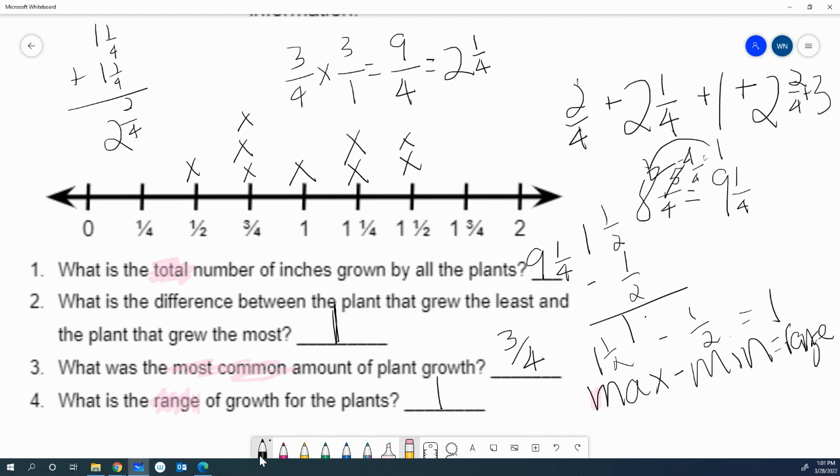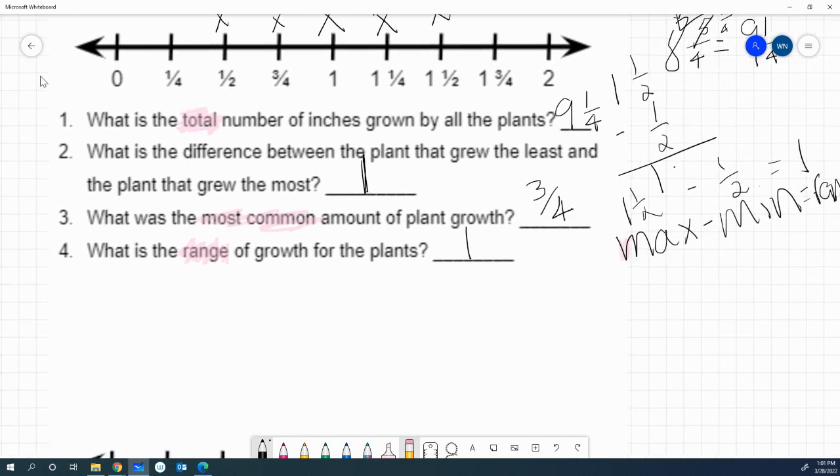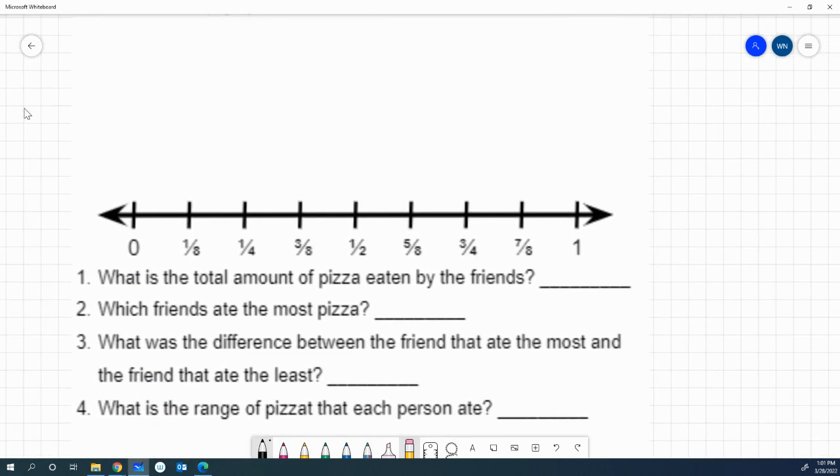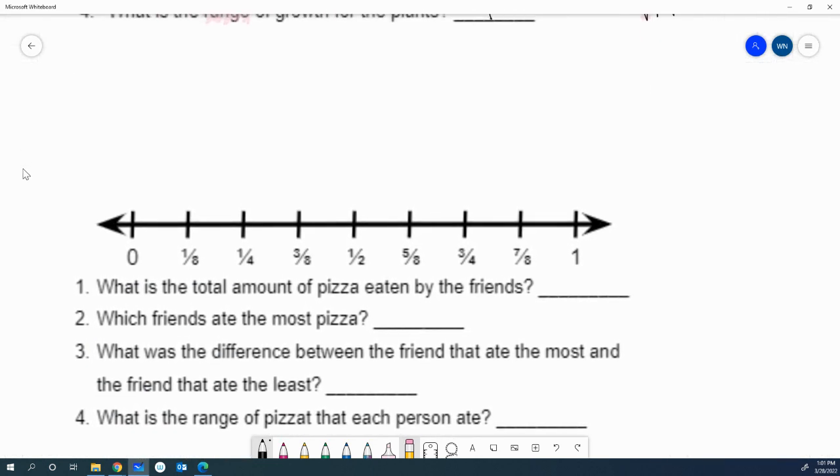Let's go ahead and jump into the next one that I'm going to have you do partially on your own. But we do need to chart it first. All right. The passage goes, Kaylee and her friends all ate some pizza. Kaylee ate 1/8 of the pizza. John and Maisie each ate 1/2 of a pizza.